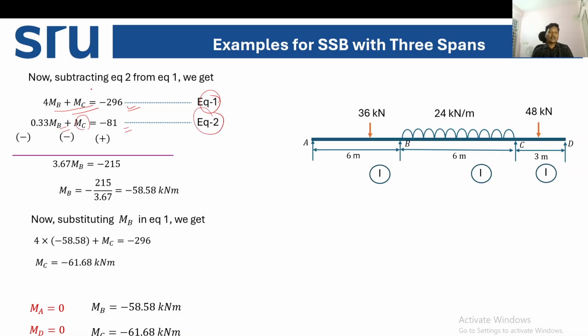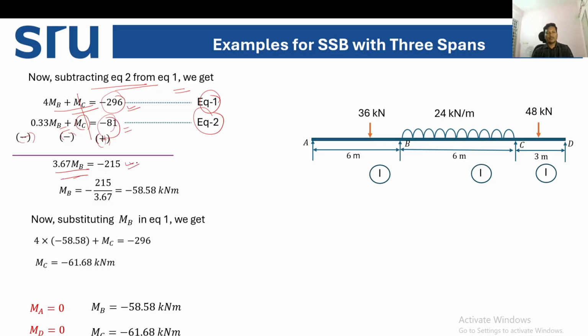So if you subtract equation 2 from equation 1, now it is 4 minus 0.33, that is 3.67 MB, plus MC minus MC cancels out, is equal to minus 296 plus 81, which is minus 215.